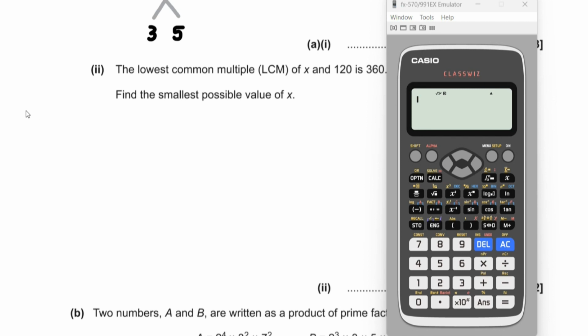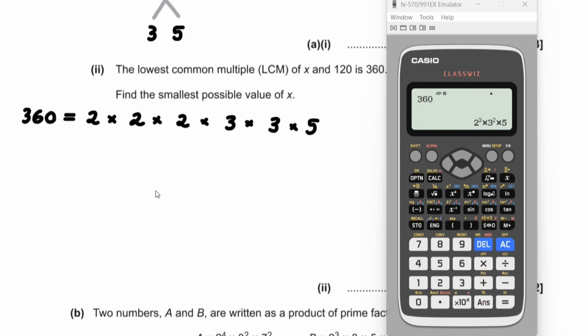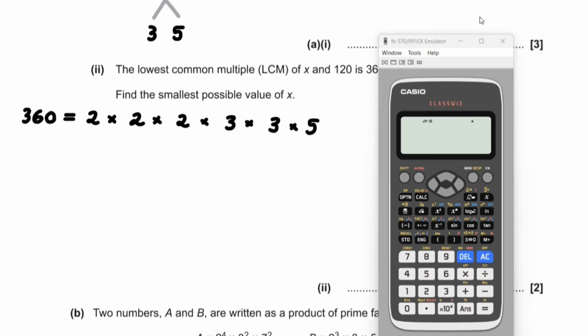So, 360, if I type 360 into my calculator, then shift, and then this button, we'll find 360 is equal to 2 cubed, which I'm going to write as 2 times 2 times 2, times 3 squared, that's 3 times 3, times 5. So that's what 360 is.